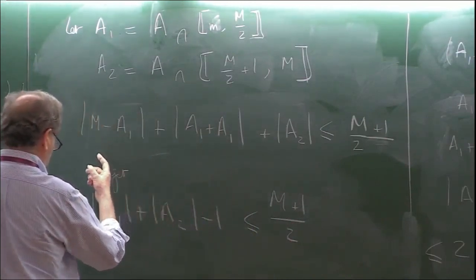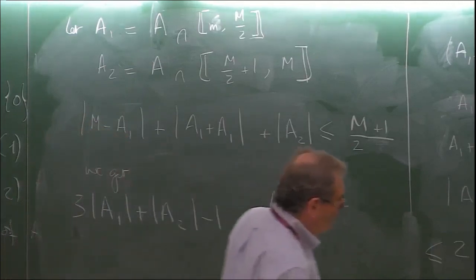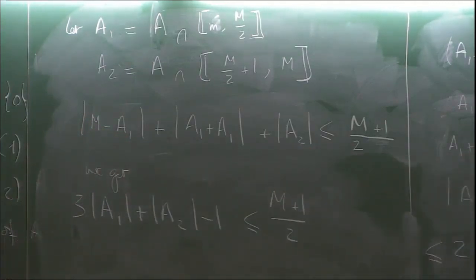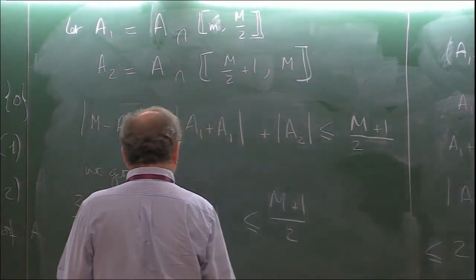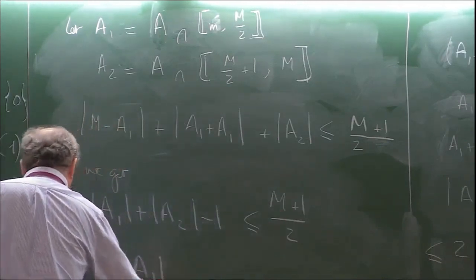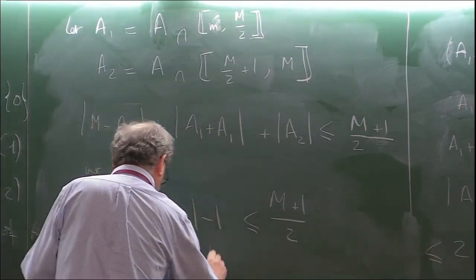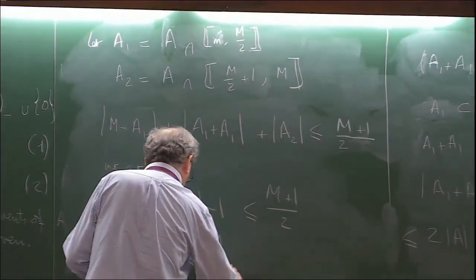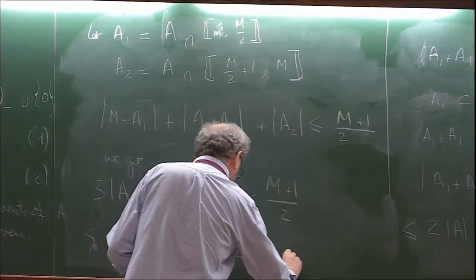A1 comes from this one, M minus A1, because M minus A1 in this, you have at most capital M minus little m. And the little m disappeared, and this gives you that A1 is at most m over 4 minus A over 2 plus 3 over 4.